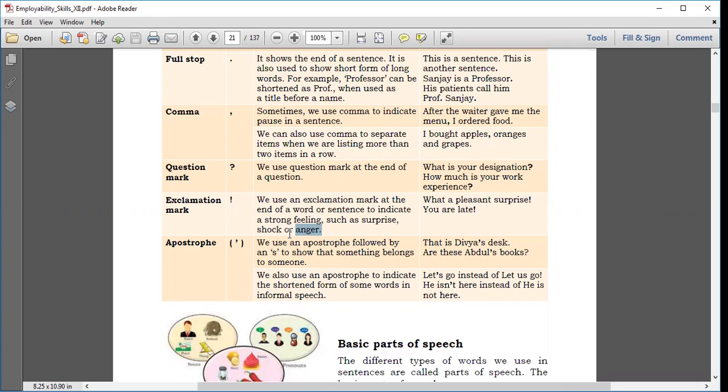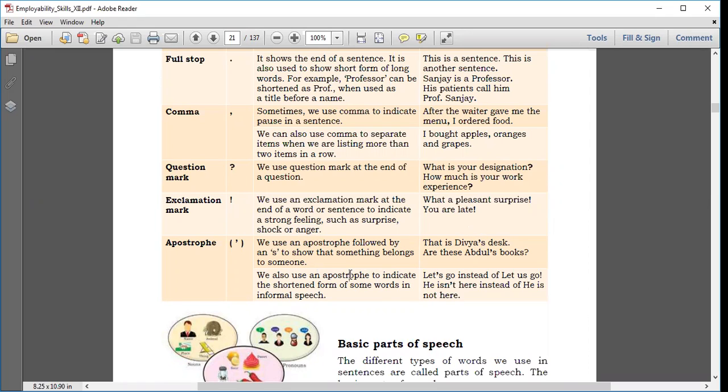We use apostrophe followed by an S to show something belonging to that person, right? Like this is Divya's desk, right? So this means that the desk belongs to Divya. तो apostrophe S का use यहाँ पे ये है कि the item belongs to somebody, right?